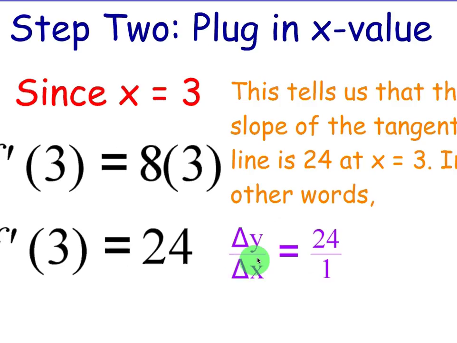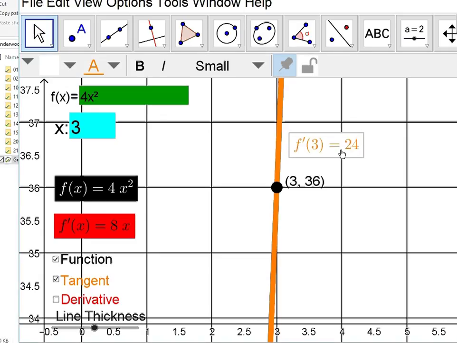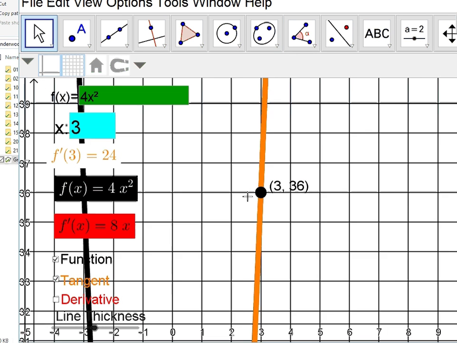Now let's take a look at this graph and see what it would look like. So here's our parabola really zoomed in, right? And here's our tangent line. That has a slope of 24. So 24 over 1. So basically every 1 unit in x, you have a rise of 24. You can see why it's so steep. And again, that's on top of the original parabola.